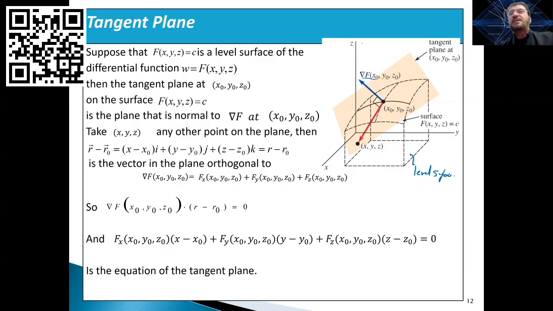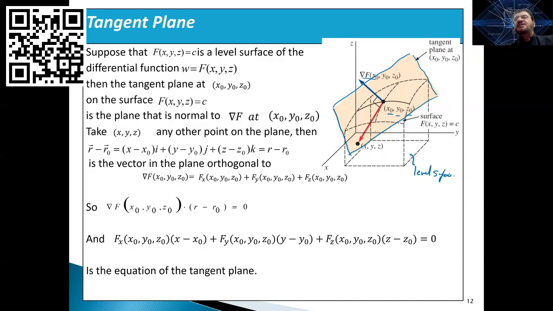Okay, let's now take any plane. You see, this is our plane. This plane is tangent to the surface at the point x naught, y naught, z naught.